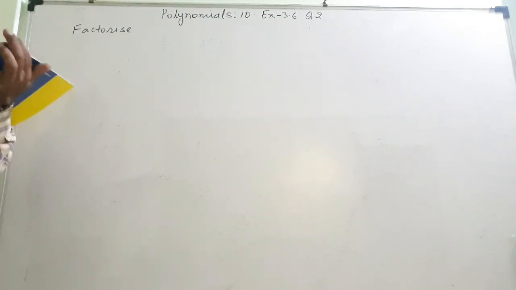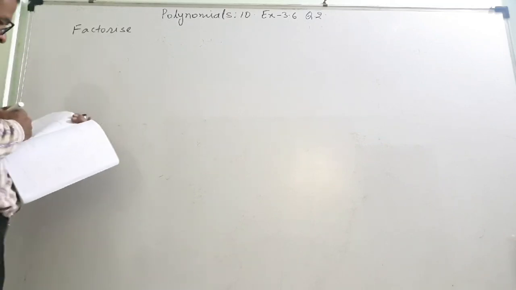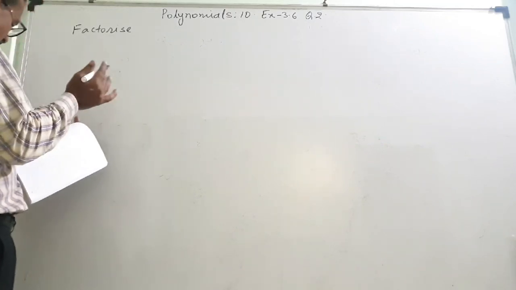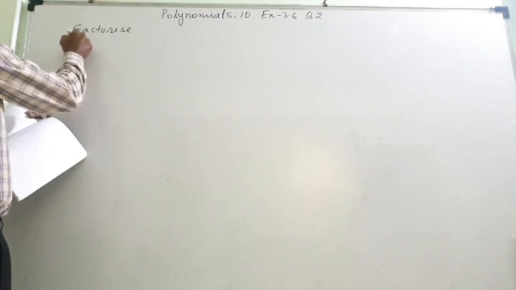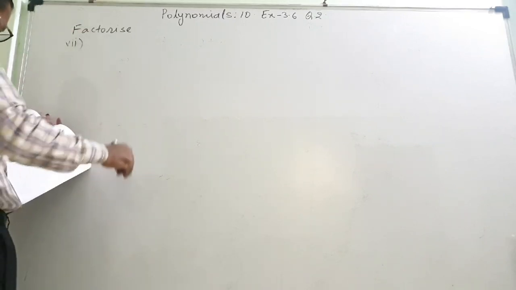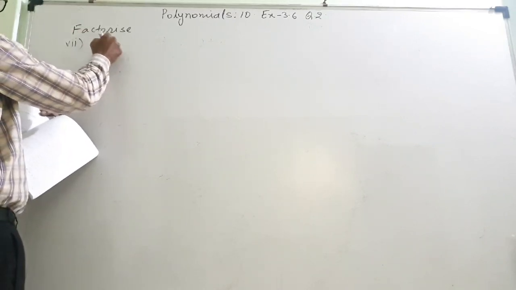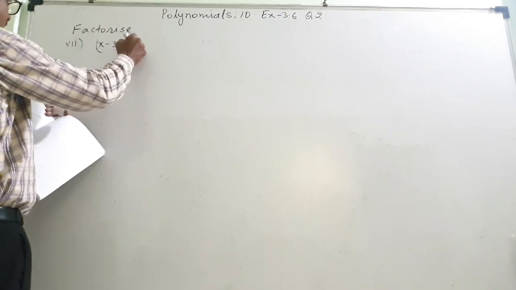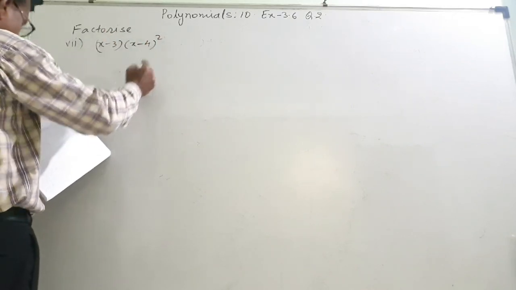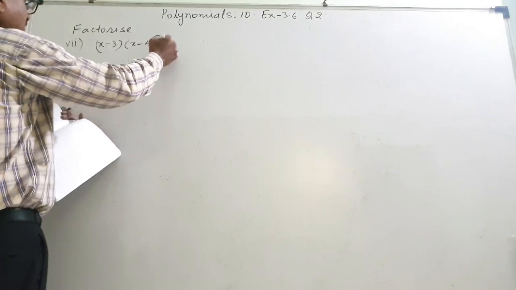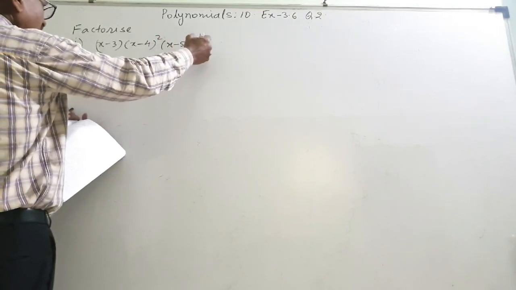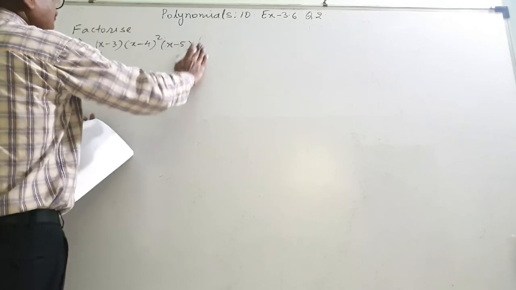Now let me consider what we can take. The sixth one is also the same, the seventh one is different. So we will take (x minus 3), (x minus 4) bracket square, (x minus 5) and minus 6.